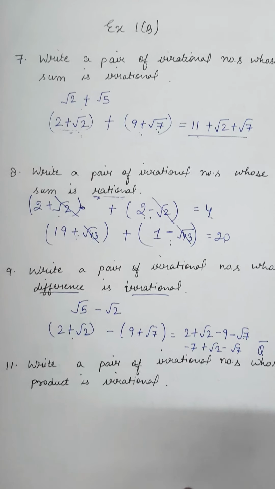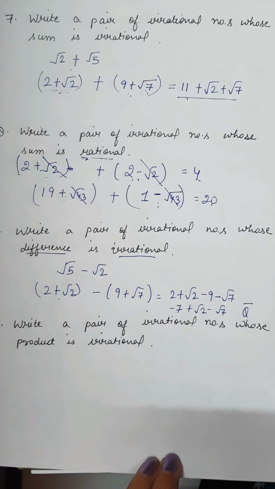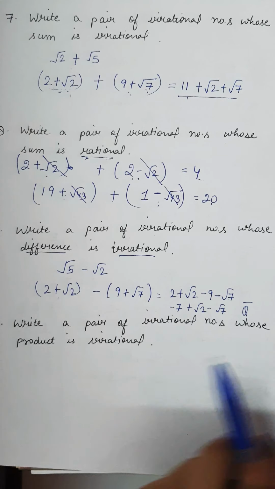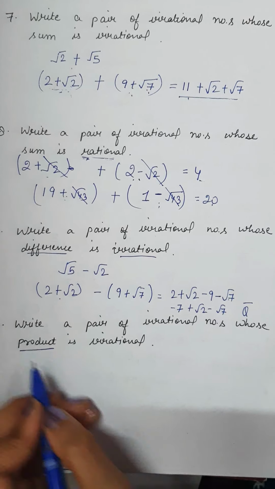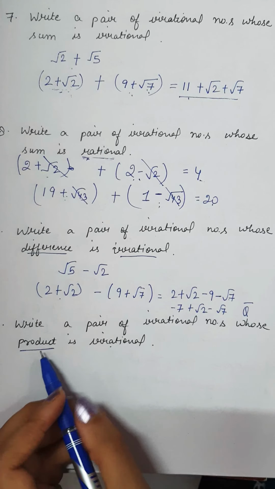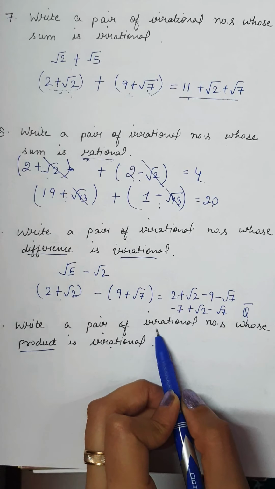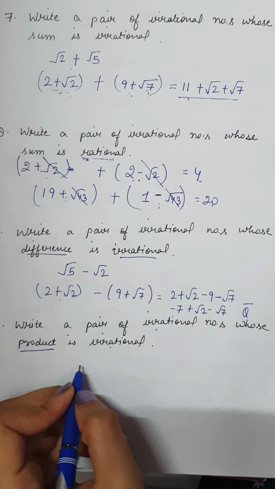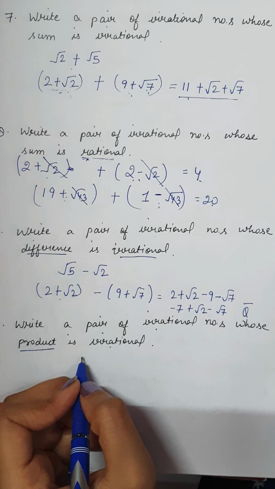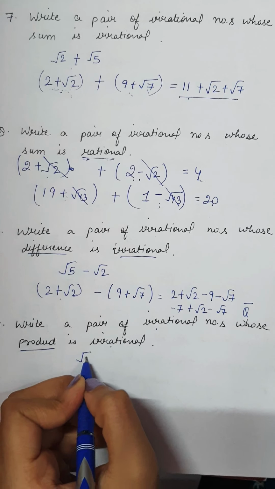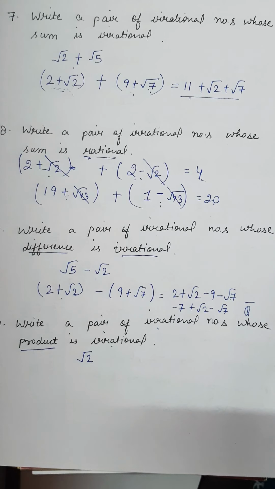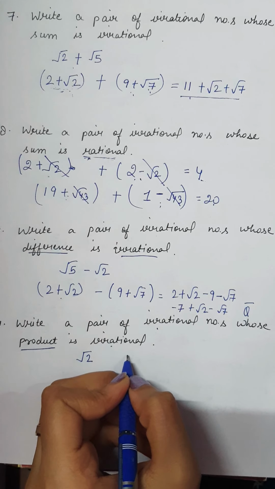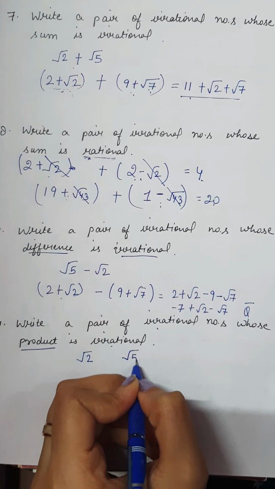Next, question number 11. Write a pair of irrational numbers whose product is irrational. That means now I have to multiply two irrational numbers so that the answer should be irrational. Let's try with some pair. First irrational number I would like to take under root 2, and second irrational number I want to take under root 5.